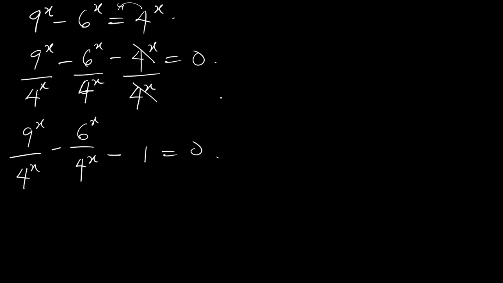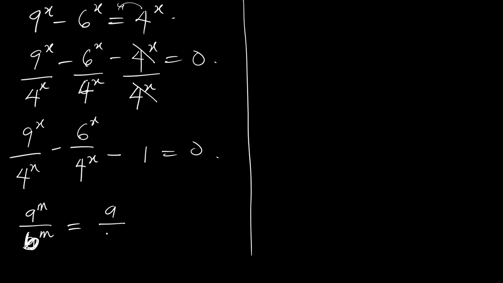Now, according to the law of indices, if you have a to the power m divided by b to the power m, this is the same thing as saying a divided by b all to the power m.